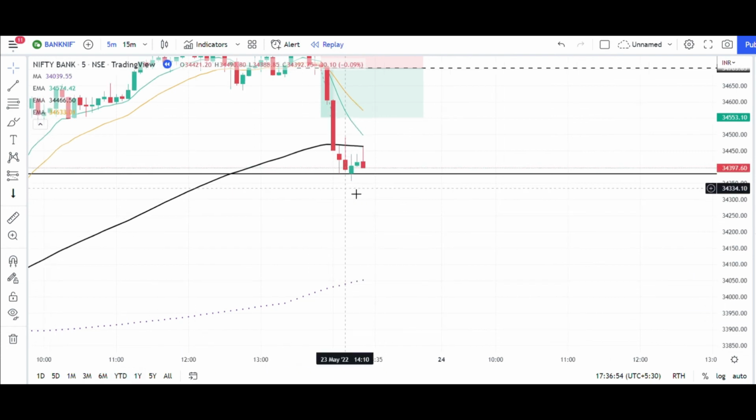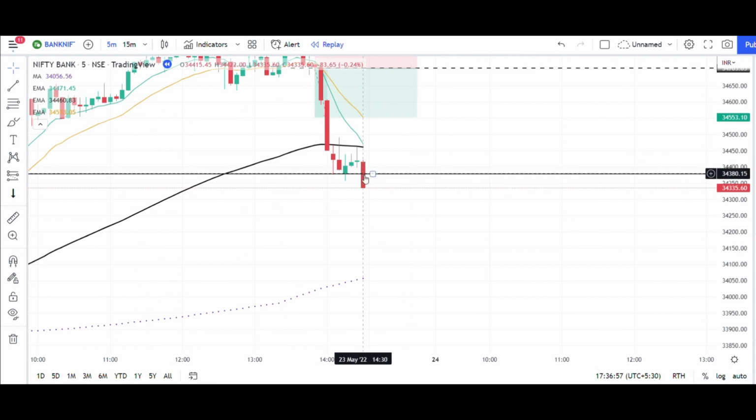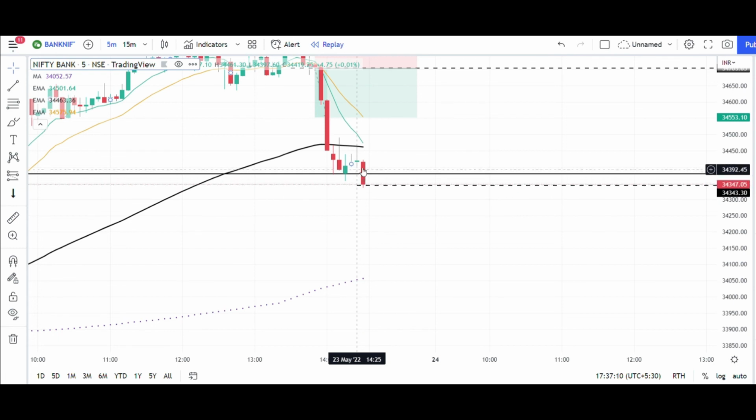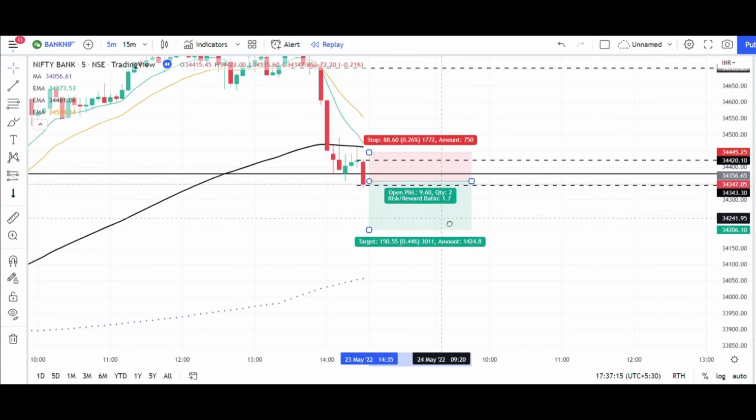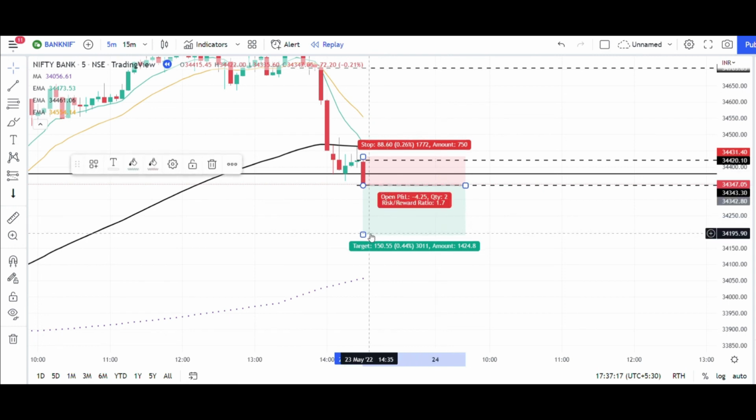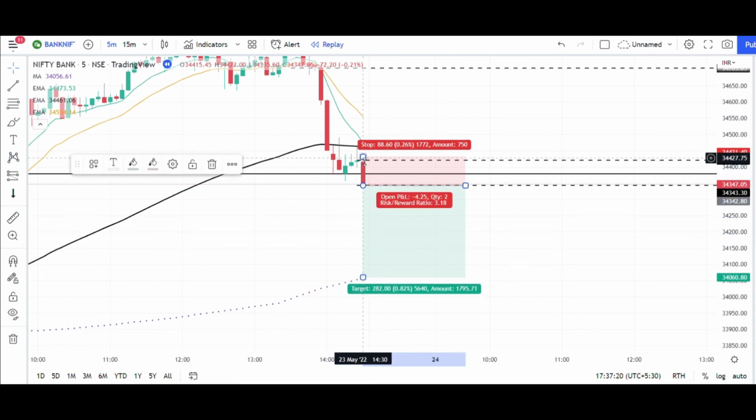So none of the candles has, okay, this candle gave the breakdown. You can put the stop loss here and enter again here. So I will mark the entry price here. Next candle is here, and this is our stop loss. So I will just move it here. Our next target could be here. Our stop loss could be here.